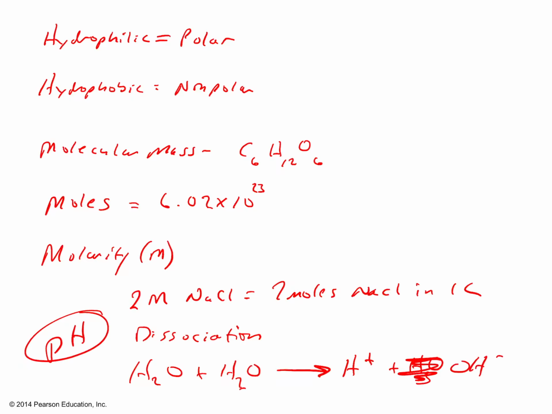Okay. Now, why do I say that? Well, what I should have done is actually said this is not H+, it's the H3O+. Okay. If you take 1 hydrogen and attach it over here, you have H3O. But because that hydrogen is just a proton, H3O plus is what you get.